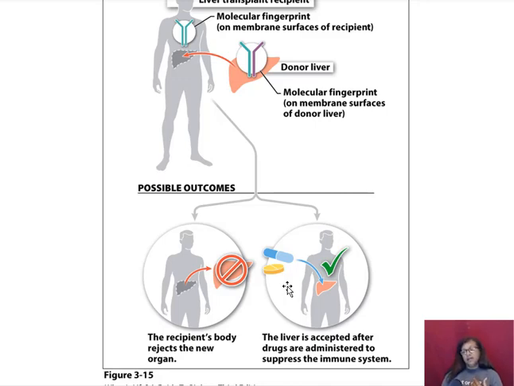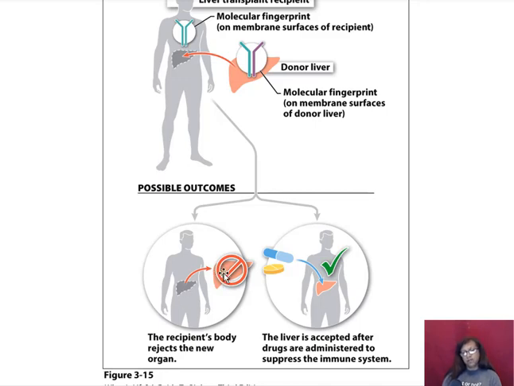But the other thing that's not on this slide is another possibility that is extremely rare that can happen when we have this donor and recipient situation. So here we looked at where the recipient will actually attack the graft, right?